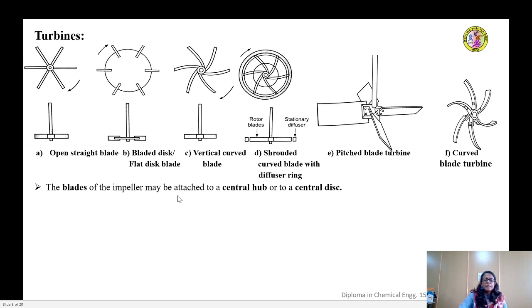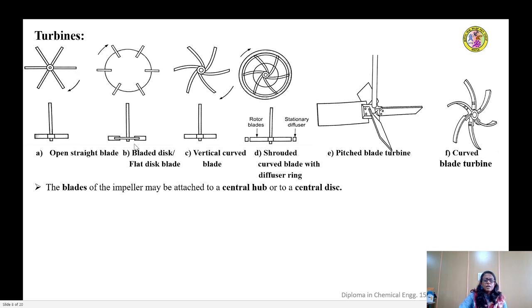The blades of the impeller may be attached to the central hub or to a central disc. As shown in these two figures, this is the vertical shaft to which a central hub is fixed, and to that central hub you can see the blades of the impeller are attached like this.